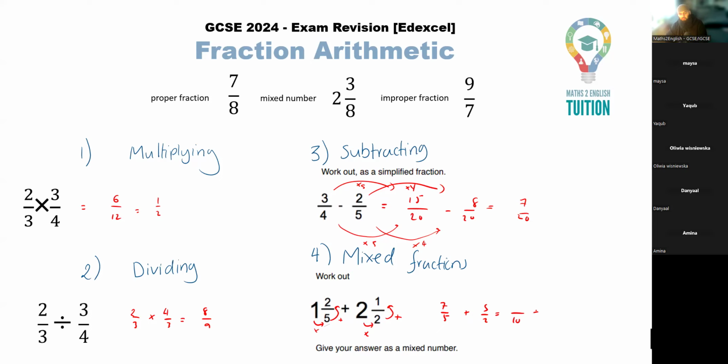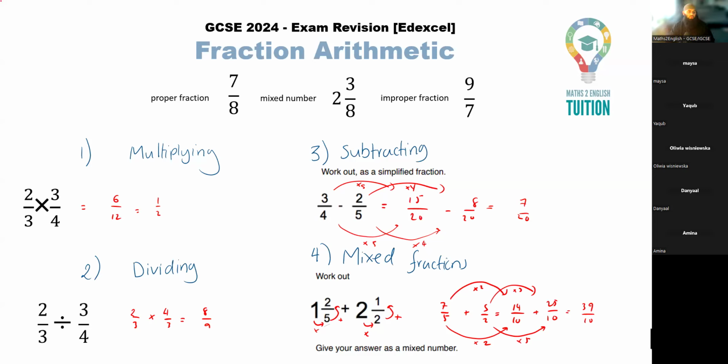So it's going to be 10 plus 10. To get from 5 to 10, we multiply by 2. To get from 2 to 10, we multiply by 5. Okay, whatever we do to the bottom, we do to the top as well. We multiply by 2, we get 14. We multiply the top one by 5, we get 25. Okay, once we've done that, we just add them. That's going to be 39 over 10.